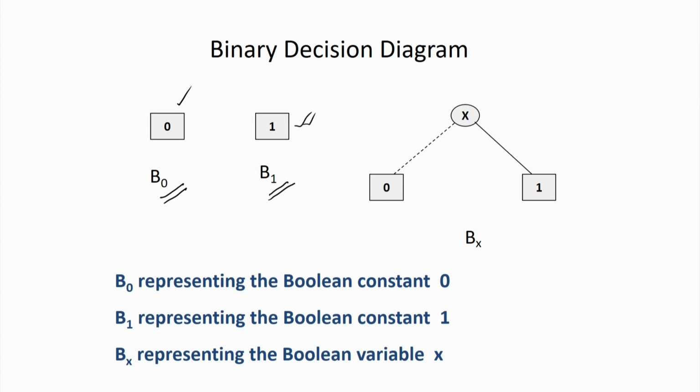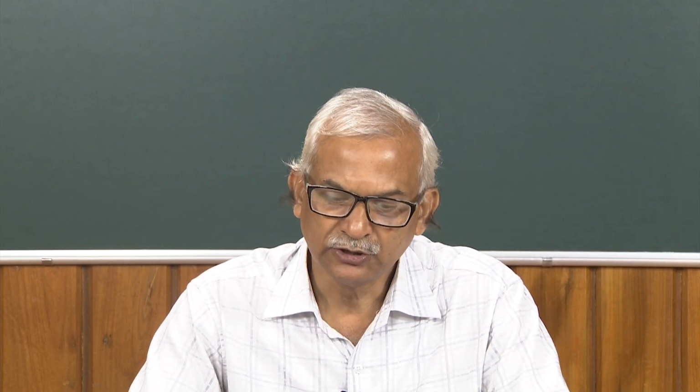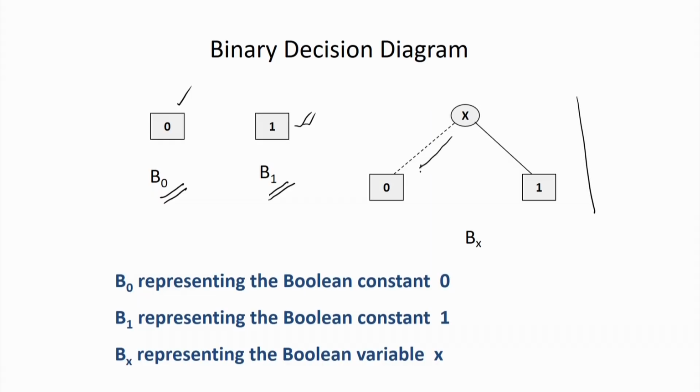And similarly, for any variable x, we have the representation Bx, the BDD representation of the variable x. Since it is a Boolean variable, it can take 2 values. For x equal to 0, it is indicated with this dashed line, and it is terminated in this terminal node 0, and similarly x can take 1. It is represented with this solid line, and this is terminated at 1. So, these are the primitive BDDs that we have in our system.